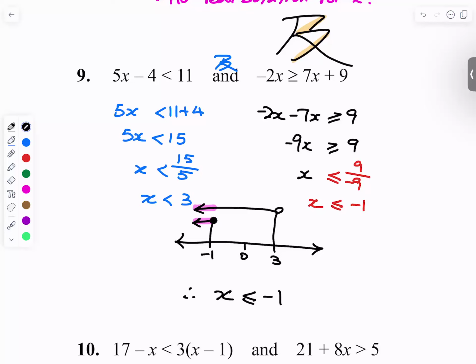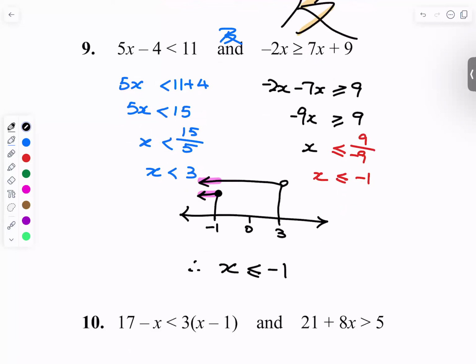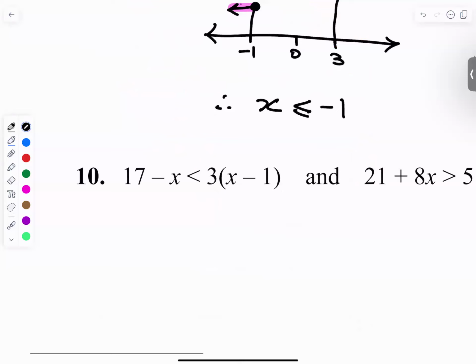I'll give you 1 minute to do question 10. Deal with the bracket first, and then continue. Open up the brackets.